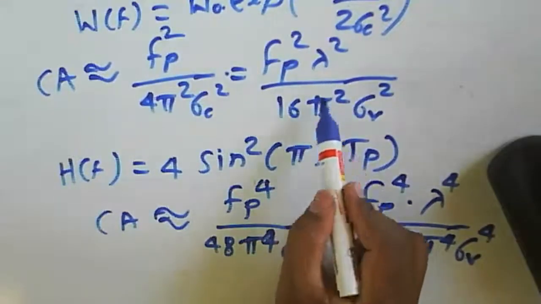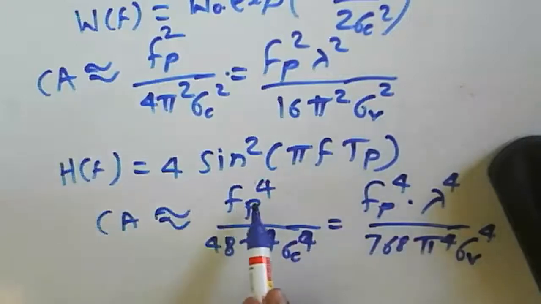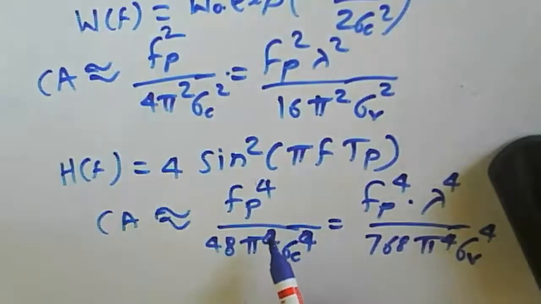Instead of a square, there will be a power of 4. That is because of the additional delay line canceller we are using.